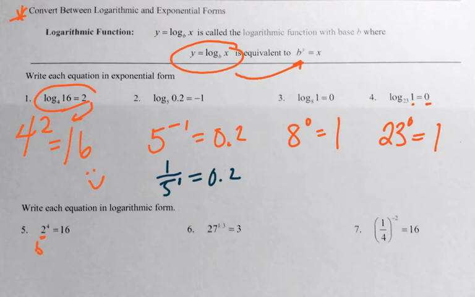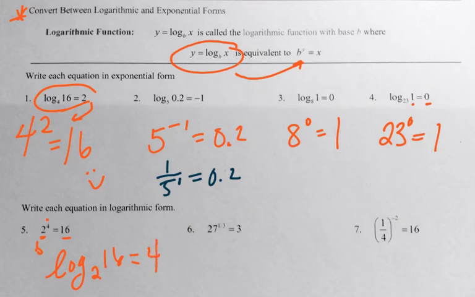Then we have the value that it's going to be equal to and the exponent. So if I'm going to rewrite this, this is going to be log base 2, because that's our base. The value that it's equivalent to is 16, so that goes there. And then it's equal to whatever our exponent is.